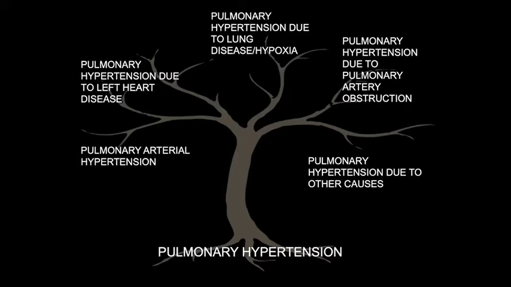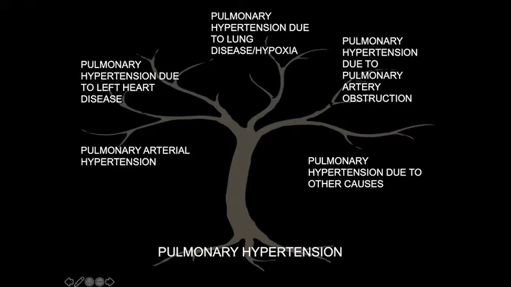Then we have a special kind of pulmonary hypertension, which is due to pulmonary artery obstruction. It can be due to blood clots in the lung, chronic thromboembolic disease, or a tumor or lymph node pressing on the pulmonary artery from outside.